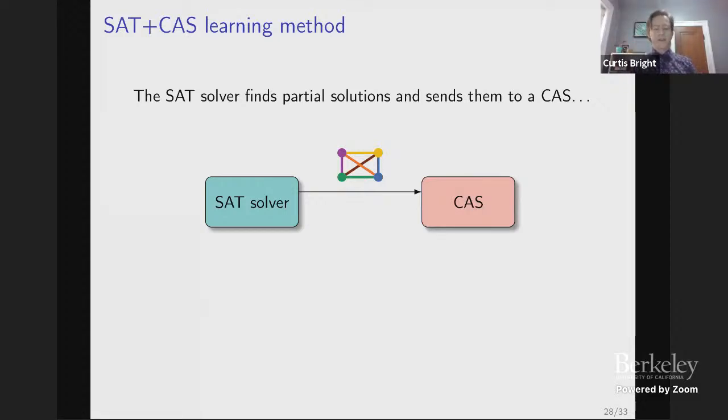All right, so when you find this partial solution, you give it to the CAS. The CAS can then analyze it using the theorems that it knows about the projective plane, right? In some cases, you can just eliminate the solution, or you can analyze it and then shrink the search space further. A classic example of this is you analyze the symmetries of the partial structure that you found.